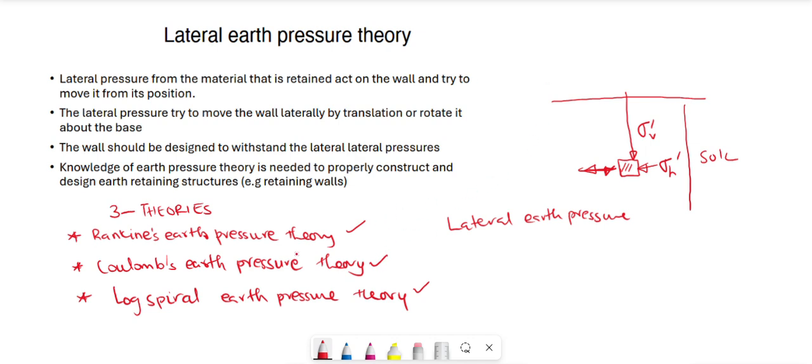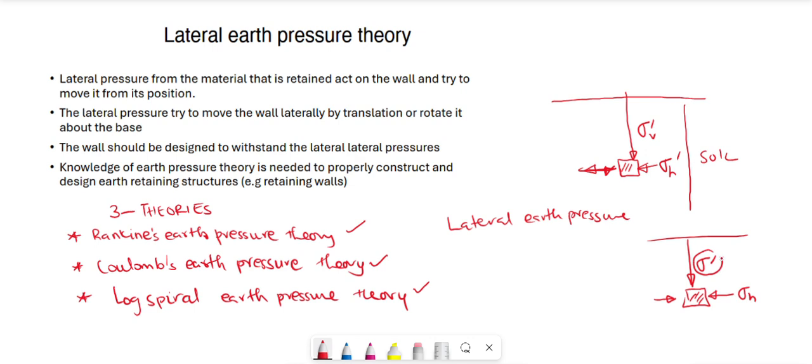Now, just as I indicated here, if we have a soil layer and we take a section of that soil layer, let's say this section, there's going to be a horizontal stress acting on that, which is the effective geostatic stress. Then there's going to be the lateral forces, that is the horizontal force.